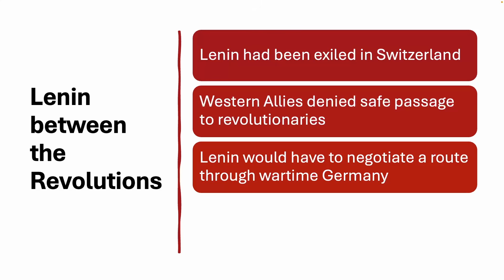One of the things that benefits Germany is the fact that Lenin's political decrees are all geared towards ending the war and withdrawing Russia from the war against Germany. That's something that benefits Germany. They don't have to fight a war on two fronts against the Russians if Lenin takes them out of the war.